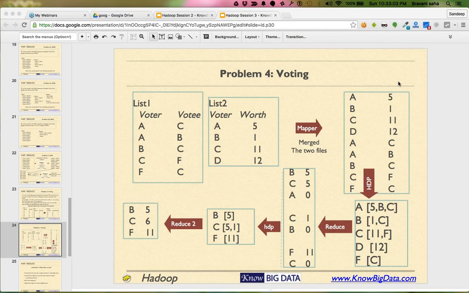For your mapper, you will get the full line in a single shot, and then from that line, you can infer who is the voter, who is the votee, whether it's a voter or the birth. All right.